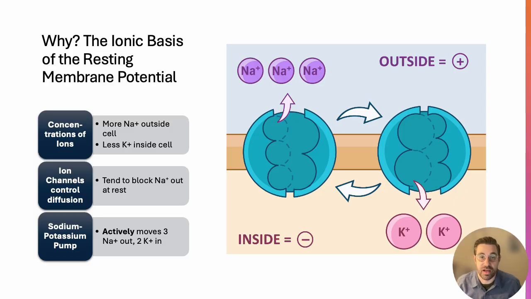So what is going on in this resting membrane potential? At rest we have this charge. Well, people started to look at the chemical composition inside the axon and outside the axon. And they found some interesting things, primarily surrounding the ions of sodium and potassium. There's a bunch of other stuff going on, but these are going to be the most important ones.